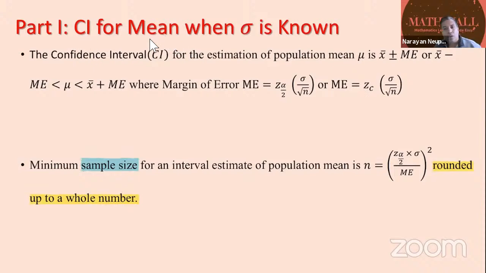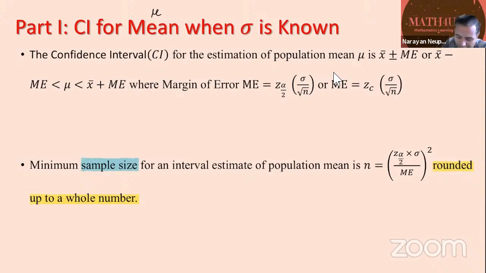Whenever we are constructing the confidence interval, we are constructing it for a population parameter, here the population mean mu, when the population standard deviation is known. If they give you the value of the population standard deviation, how can we find the confidence interval? That is the main thing here.